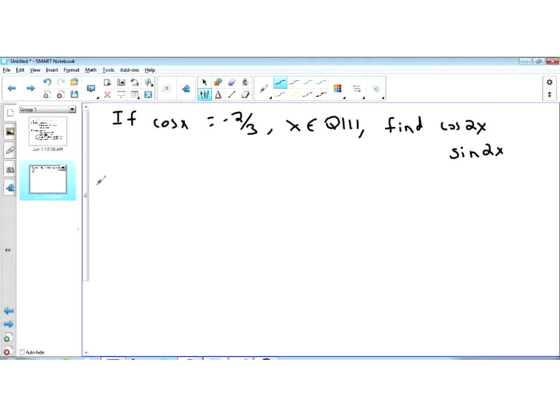Okay, so how do we do that? Well, the cosine of 2x, I suppose we could use one of the three mentioned previously, 2 cosine squared x minus 1, and then we just plug in negative 2/3 for cosine x. So this would be 2 times negative 2/3 quantity squared minus 1, which is equal to 8/9 minus 1, which is equal to minus 1/9.